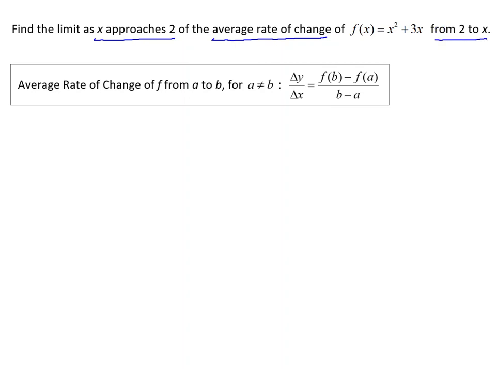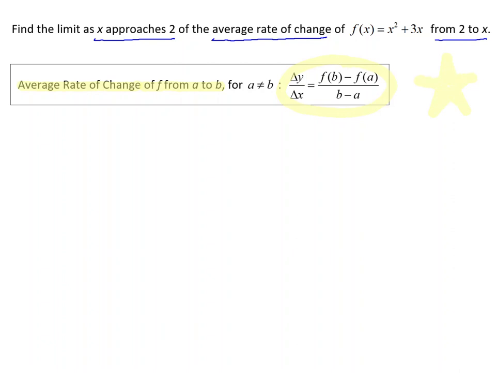Now recall that the average rate of change of f from a to b, as long as a is not equal to b, is the change in y over the change in x, or f of b minus f of a over b minus a. Super important to remember the average rate of change.